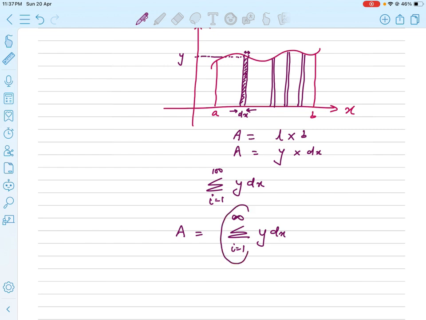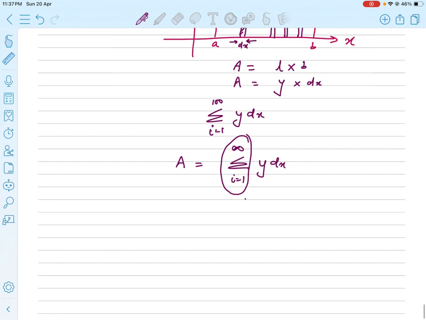And in this case where we have an infinite number of strips, this symbol is replaced by integration. So I would say that the area would be the integral of y times dx, and between which 2 points am I trying to find the area? Between A and B. That is how this formula of area comes into the picture.